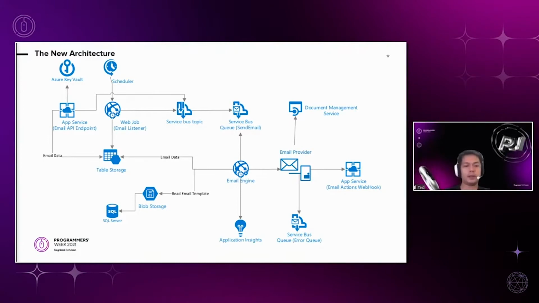We also implemented claim check and a payload to avoid reaching the message size limit of the message bus. So the content of this service bus queue is just enough information for the email engine to know which email data it should pull from the table storage and the corresponding HTML template that it requires. It will pull it from the blob storage.